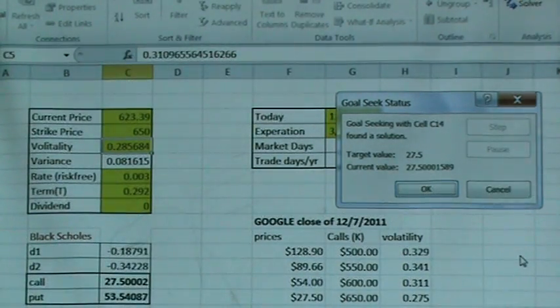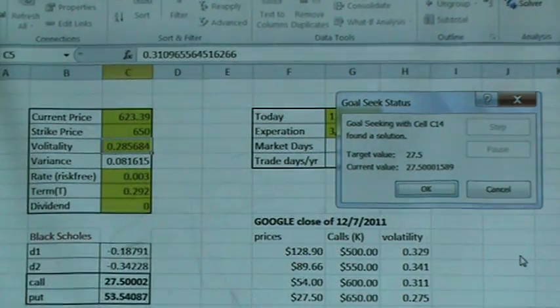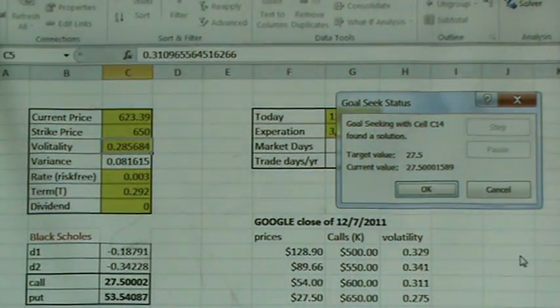Is there any intuitive reason why you think it might be a different volatility? I guess what I'm getting at is, would you think that these would all be the same? Because what they're taking a guess at is how volatile the stock would be between today and March 16th.